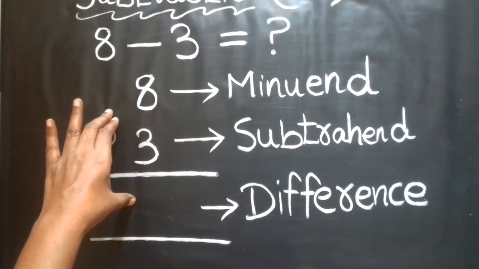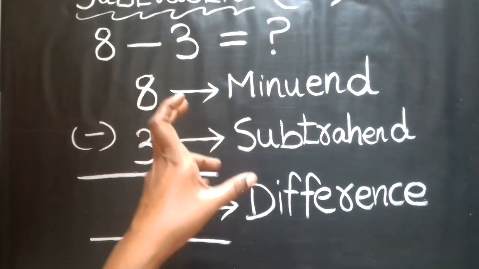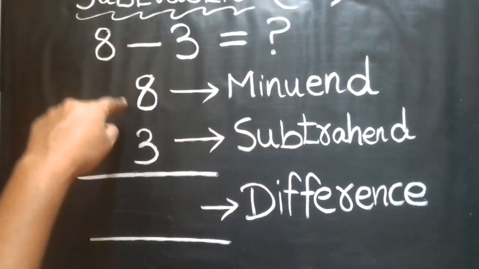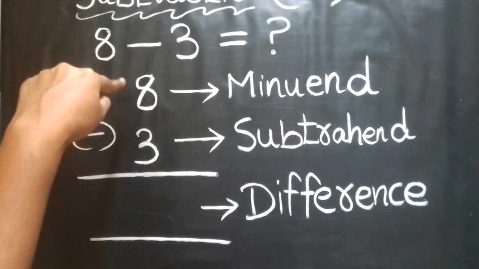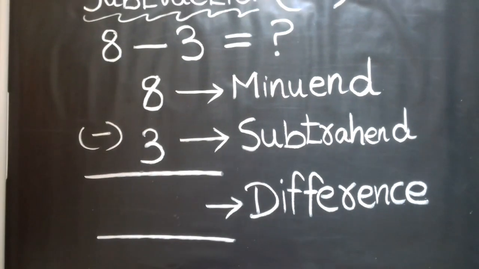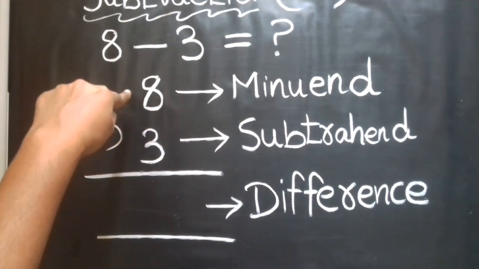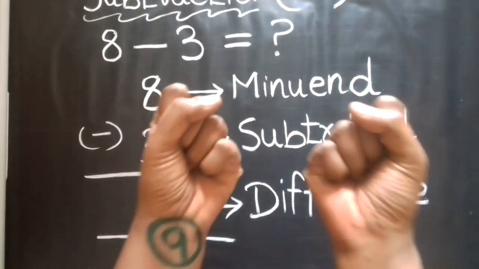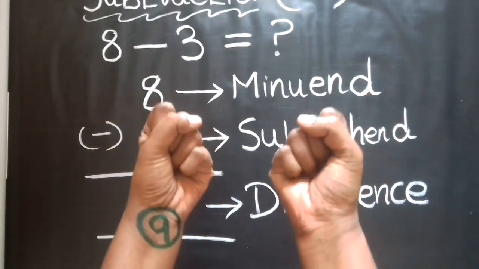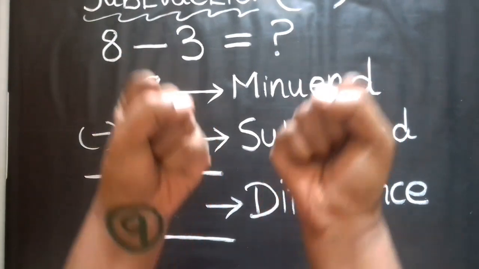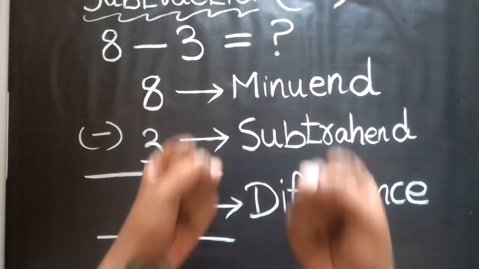In case of subtraction, you always need to start with the top number, which is called minuend. What is the number mentioned in the top? It is 8, which means you need to open 8 fingers. You pull out 8 fingers now.